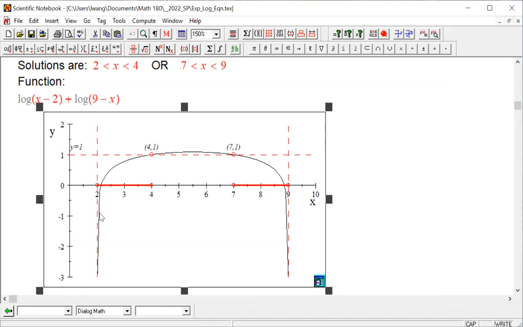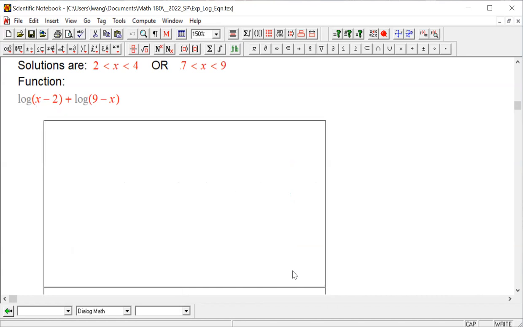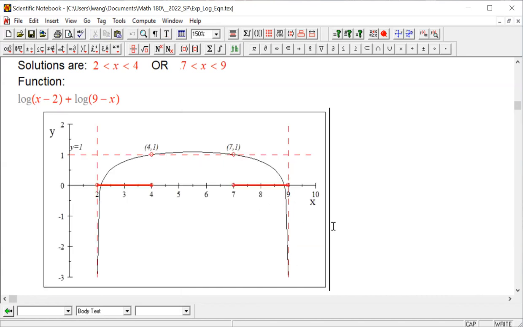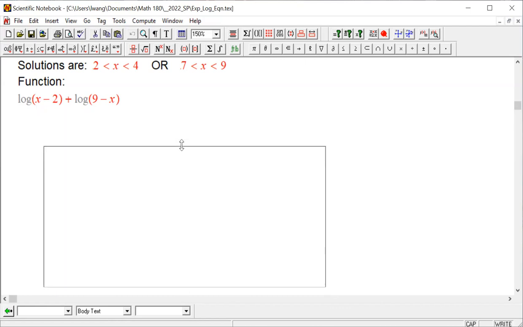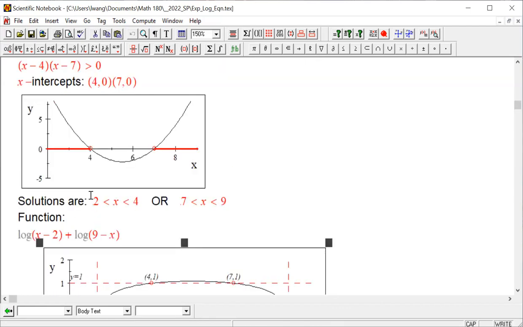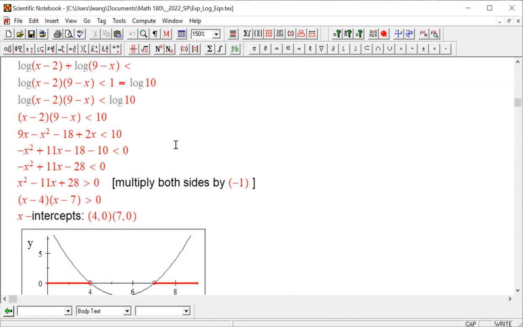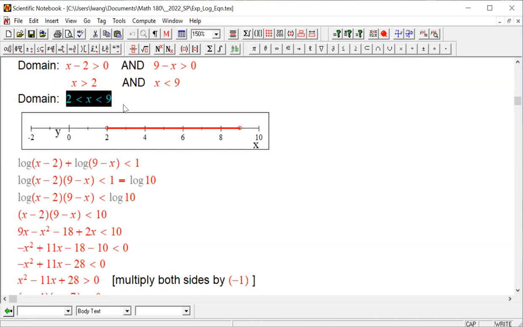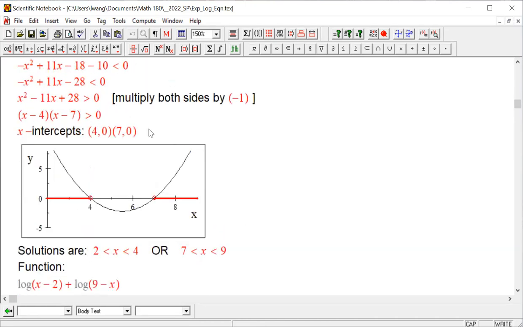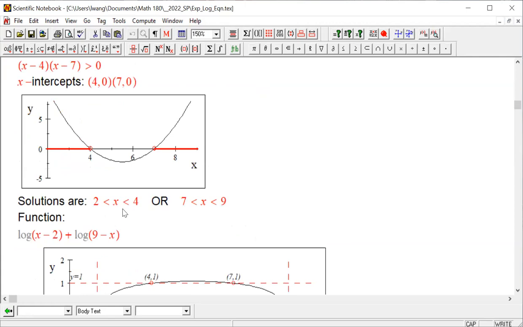This piece of curve to infinity, those are less than 1. And this piece of curve is less than 1, right? You see, this is how we analyze it. So the graph sometimes actually helps us to make our answer more complete. If we overlook the interval, if we forget this domain, we just blindly say, oh, the solution is smaller than 4 and greater than 7, then that would not be complete, right?